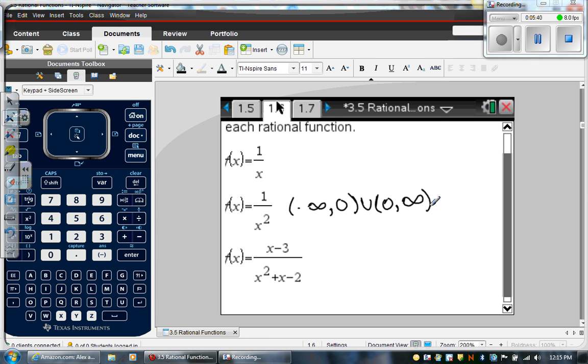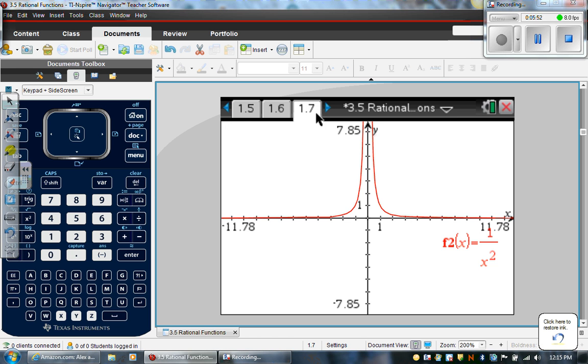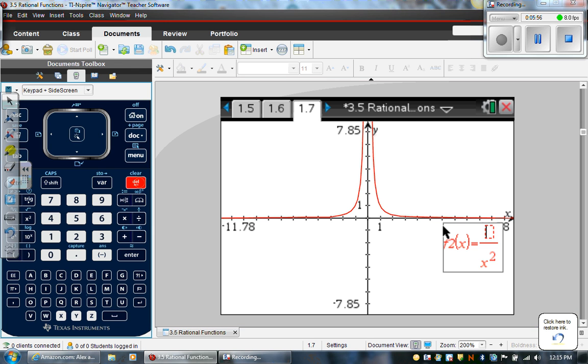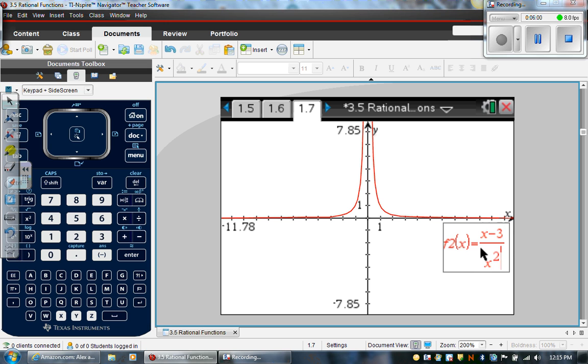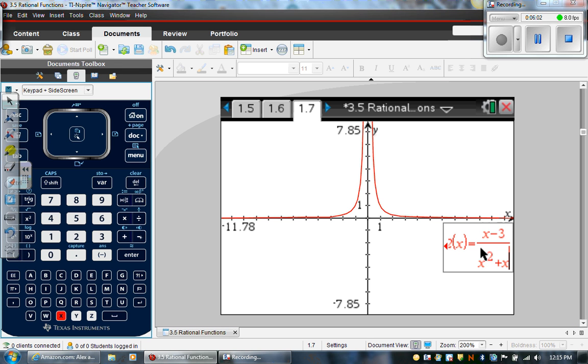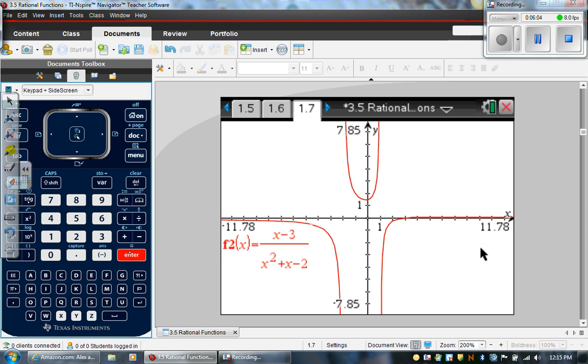And then this one's a little bit harder. x minus 3 over x squared plus x minus 2. Here's my function.